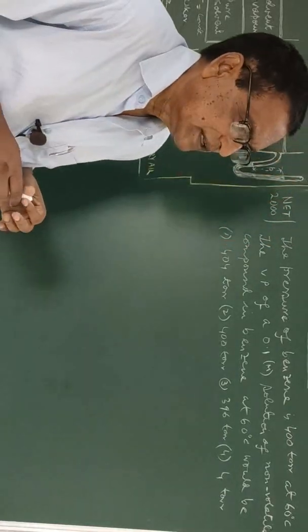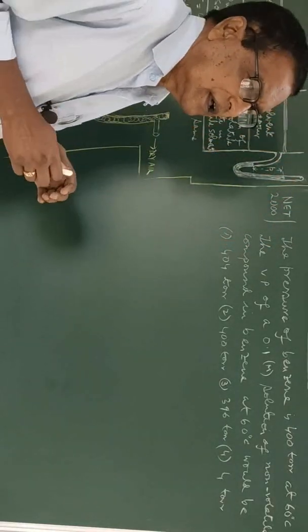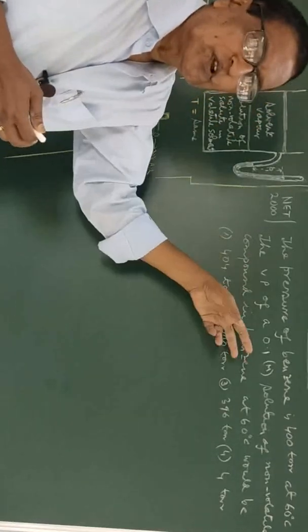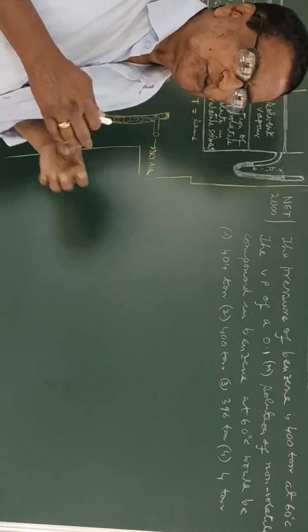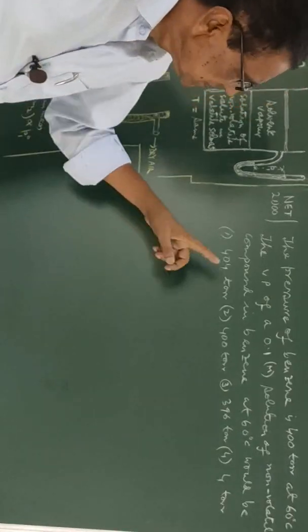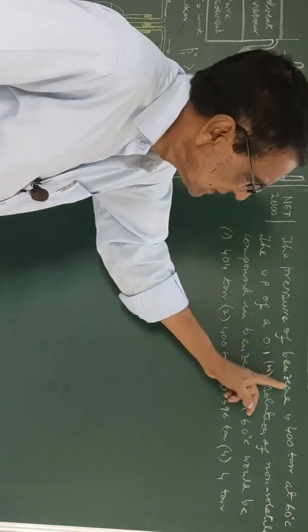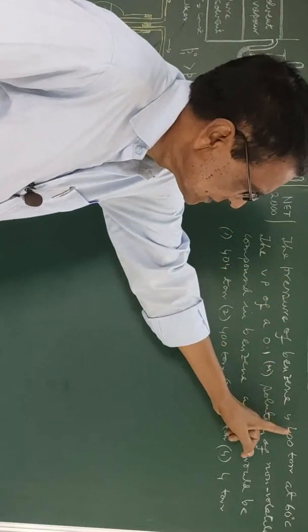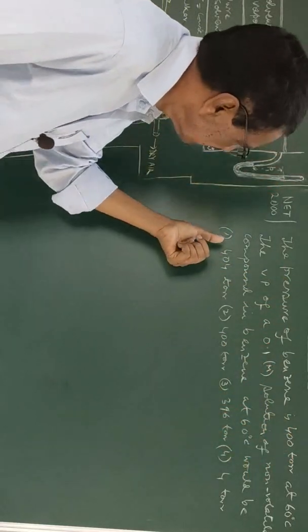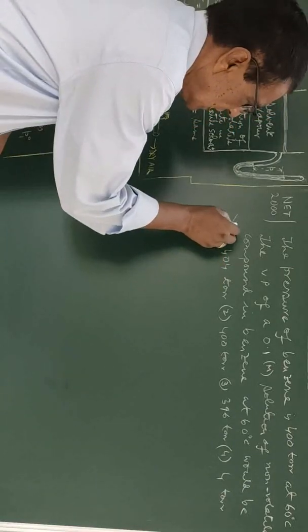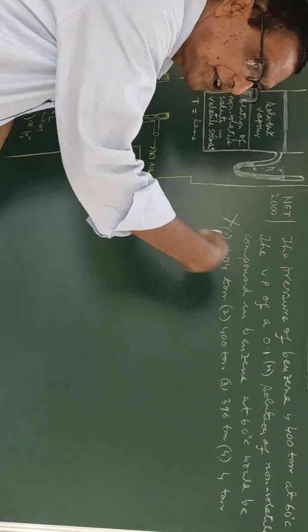We have an idea that there is a lowering of vapor pressure whenever a non-volatile solute is added to the solvent. Pure benzene has a vapor pressure of 400 torr, but the first answer is 404 torr, which is not possible as vapor pressure will not increase for the solution.